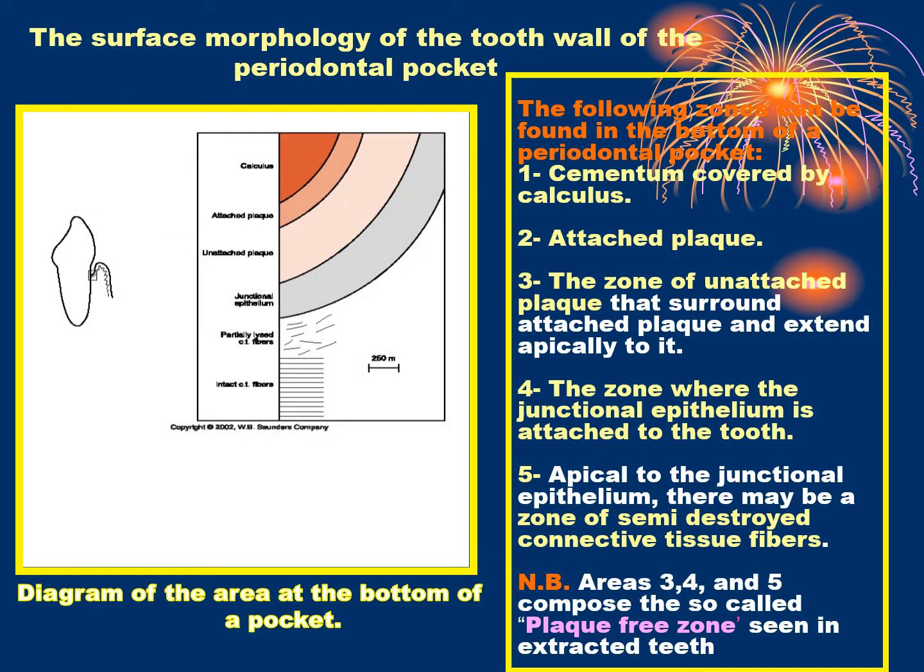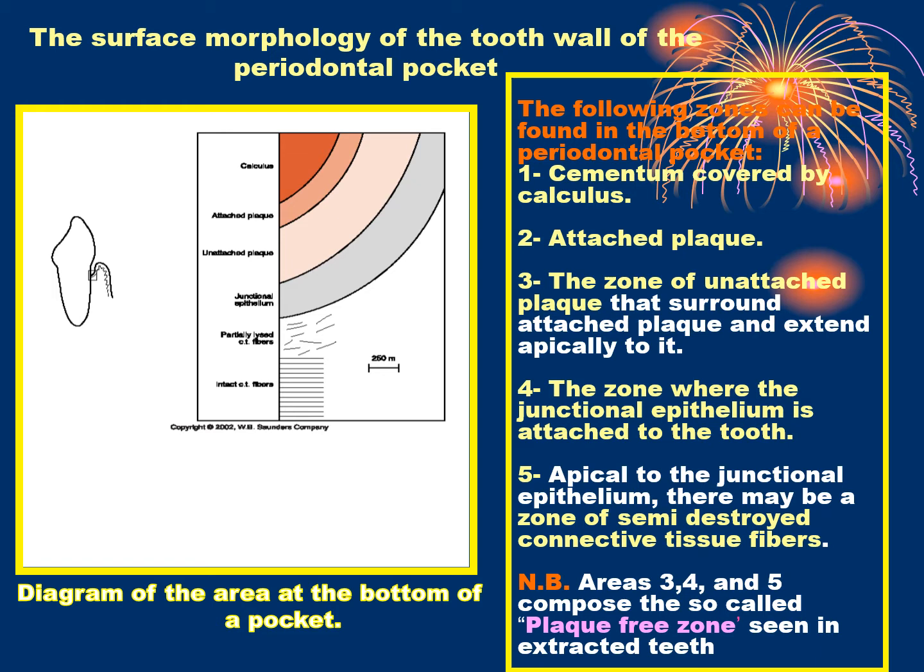This is a diagrammatic presentation of the surface morphology of the tooth wall of the periodontal pocket. As we see, first we have the layer of cementum covered by calculus, then the attached plaque, number 2, then a zone of unattached plaque that surrounds the attached plaque and extends apically to it.